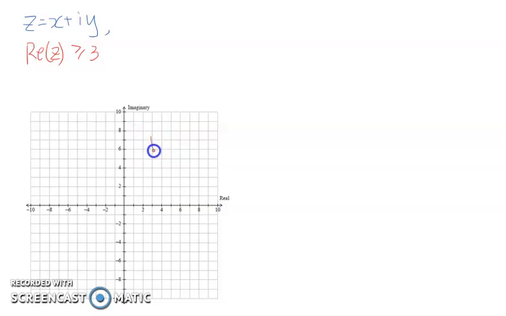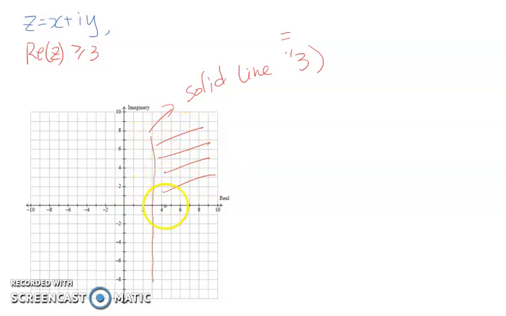So we are going to draw the vertical line that passes through this 3. And since it's an equal sign, we use this solid line, because it does include this value 3. And because it says greater than 3, that means it's the right-hand side, so we are going to shade the right-hand side of the straight line.